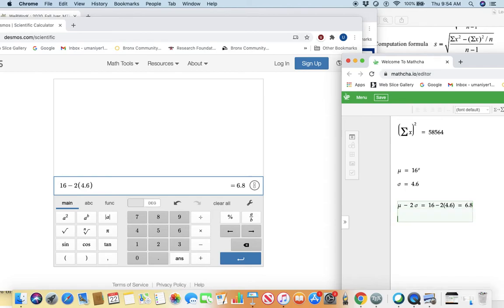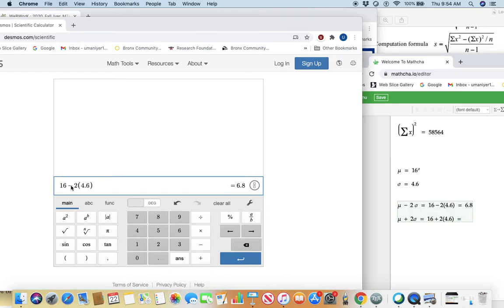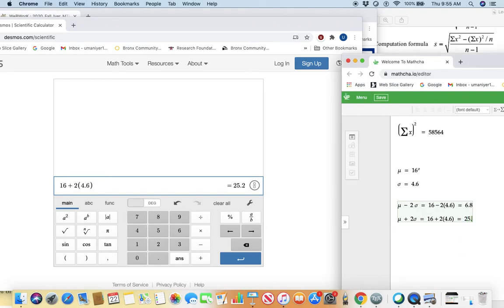All right. Now what about mu plus 2 sigma? That is 16 plus 2 times 4.6. What do I get? Instead of minus, I have a plus. I get 25.2.